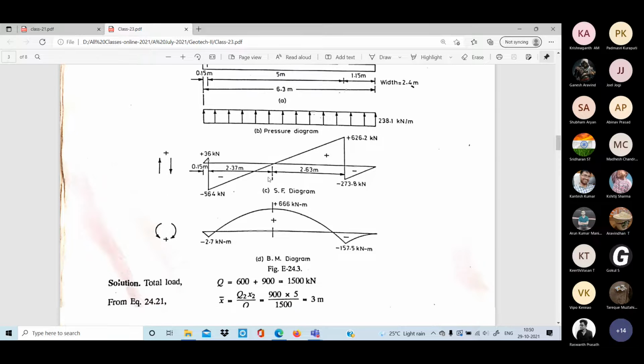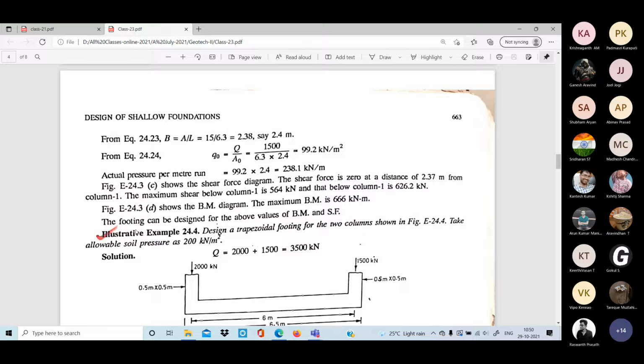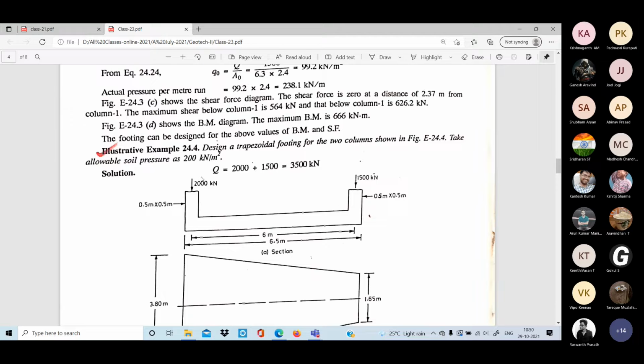So likewise, based on that, finally the maximum moment is also calculated, and the footing can be designed for the above values of maximum bending moment and the shear force. Our main aim is to calculate the maximum bending moment and shear force. So based on that, we can further use.